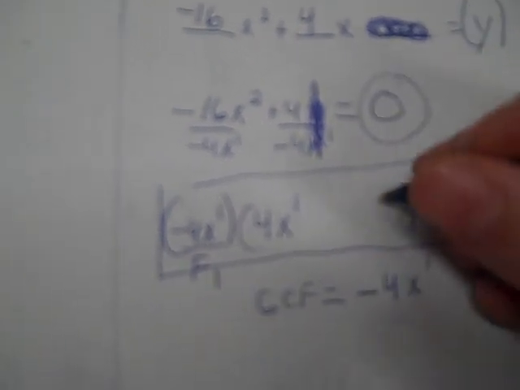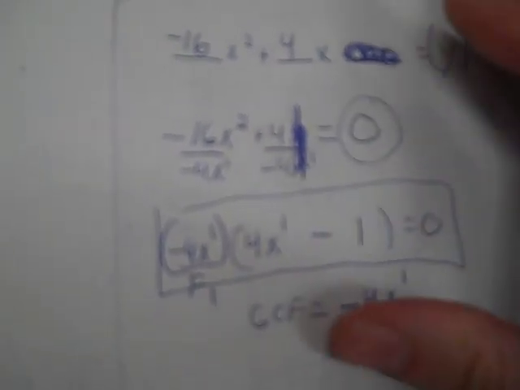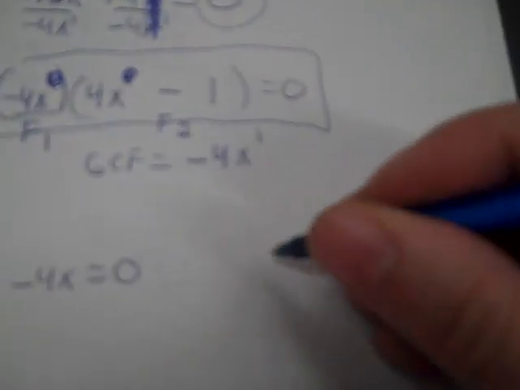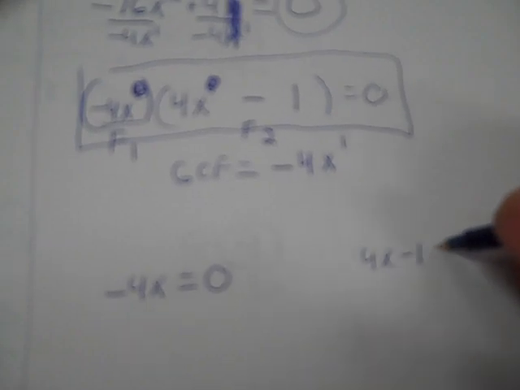And then I take positive 4 divided by negative 4. And I got negative 1. So I put a 1 and then a subtraction sign. And that's F2. Now those 1 powers, I'm glad I put them, but now I don't want them. Okay. So F1 is negative 4x. And F2 is 4x minus 1.